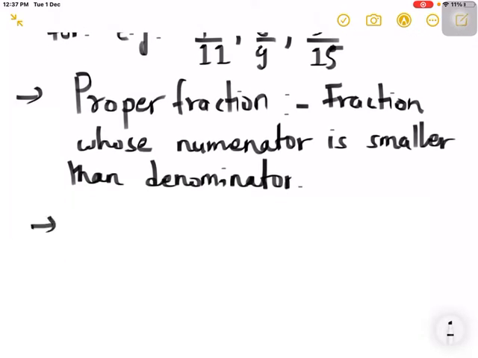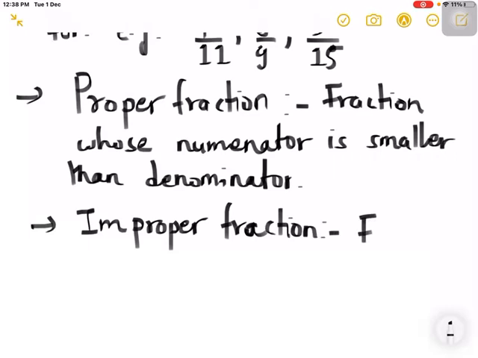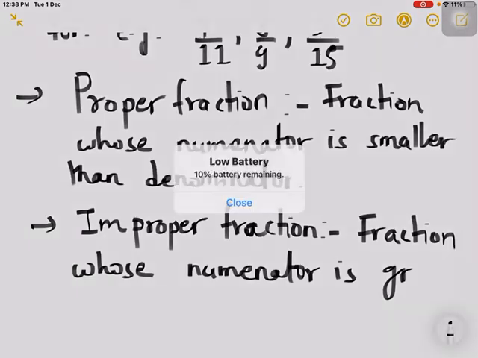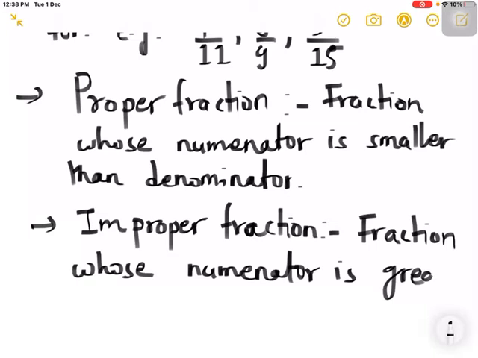And improper fraction is a fraction whose numerator is greater, or you can say larger, than the denominator.